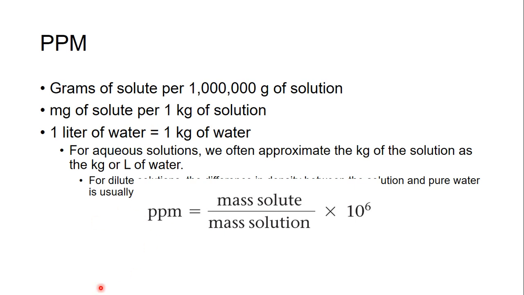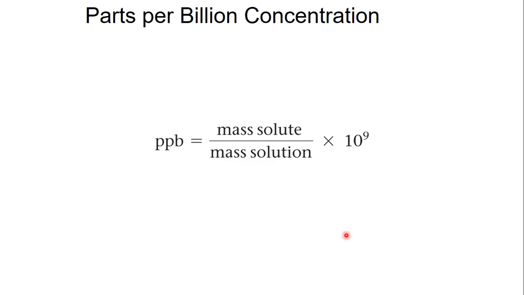Sorry for the poor PowerPoint here, but to do parts per million, you just measure out your mass of solute divided by your mass of solution. For water, 1 liter of water is 1 kilogram of water, and then you multiply by 10 to the 6th. For parts per billion, it's a very similar calculation, except you multiply by 10 to the 9th.